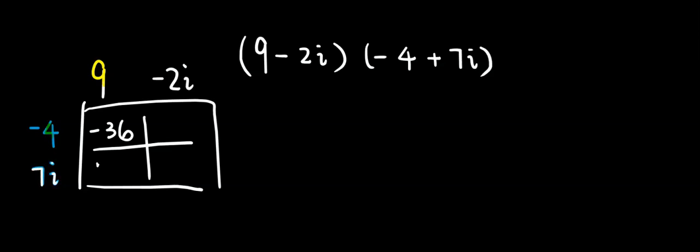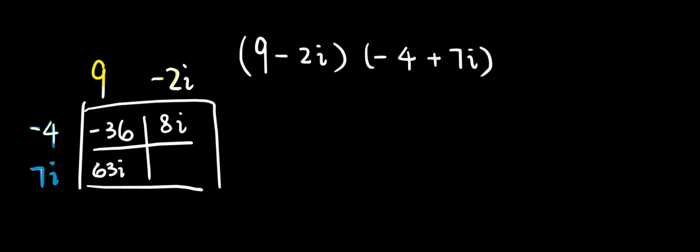So 9 times 7 is 63, 63i. Then we come here. Negative 2i times negative 4. Negative, negative, positive 8i.